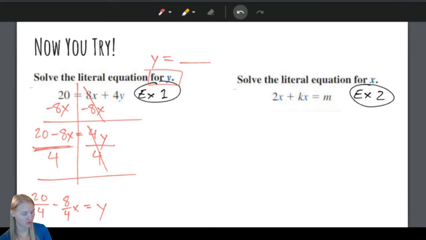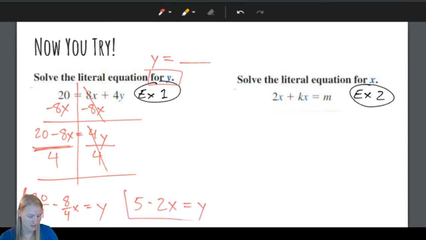I'm dividing the 20 by 4 and I'm dividing the 8 by 4. So that's what I did right here. And now I know what 20 divided by 4 is. 20 divided by 4 is 5. And I know what 8 divided by 4 is. 8 divided by 4 is 2. So I end up with 5 minus 2x equals y.